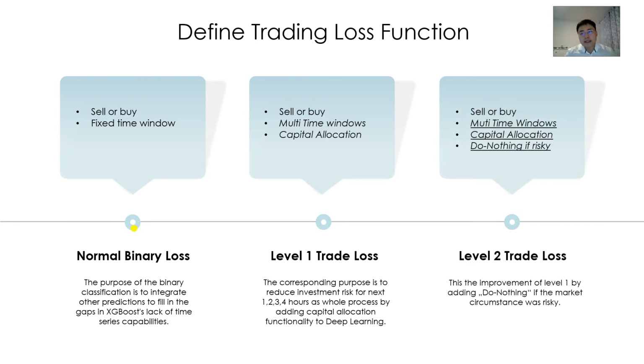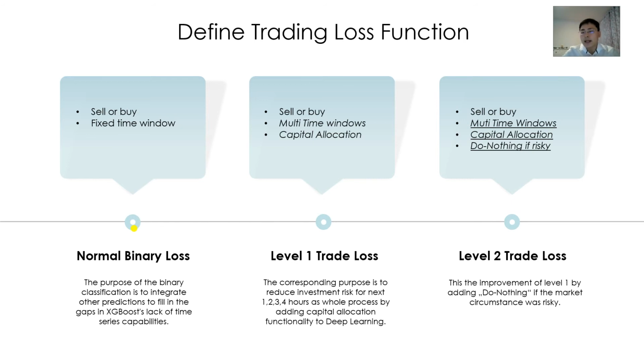But the market is still risky. If the market is risky, the AI should decide to do nothing to avoid the loss in the market, so I added a third functionality to the loss function, called do nothing, or you can call it the holding option.